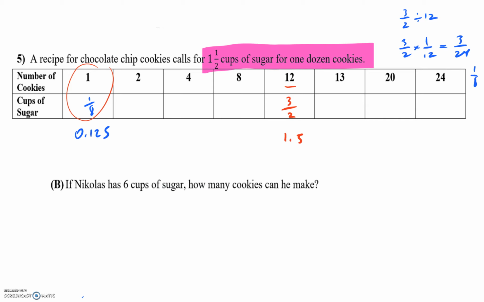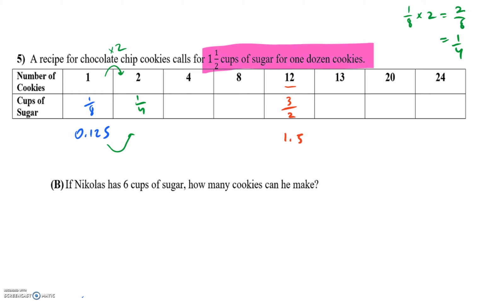Alright, so let me clean this up a bit to give me some room to work with. Alright, so to go from 1 to 2, this is going to be 1 times 2. 1/8 times 2, or 0.125 times 2. 1/8 times 2, that's 2 over 8, or 1 over 4. 0.125 times 2, that's 0.25.